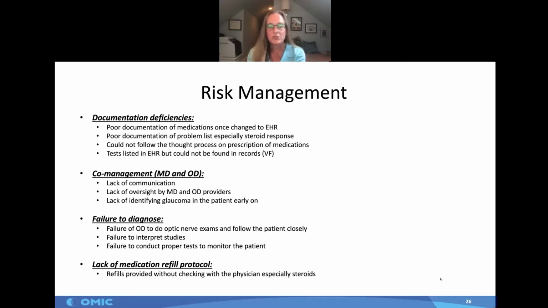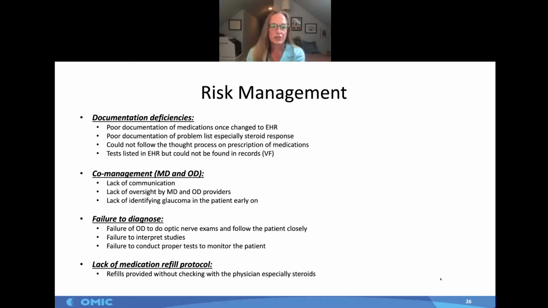There was co-management, which is another factor in this claim, between the MD and the OD. There seemed to be some lack of communication and a lack of oversight that probably led to a delay in diagnosis of the glaucoma.